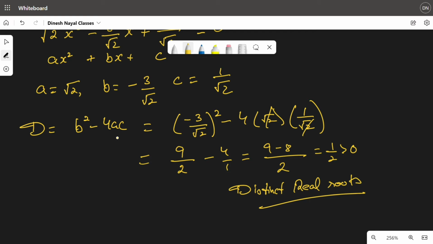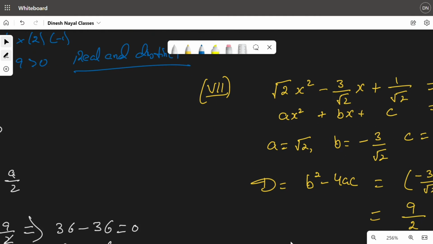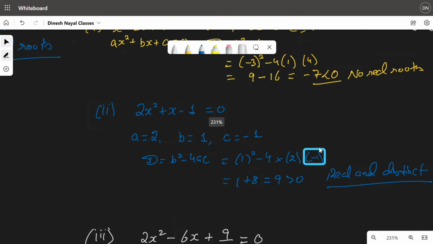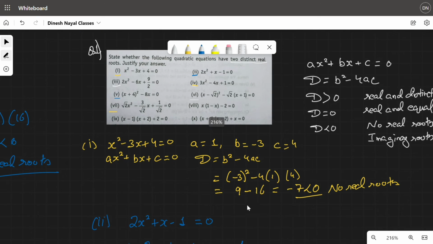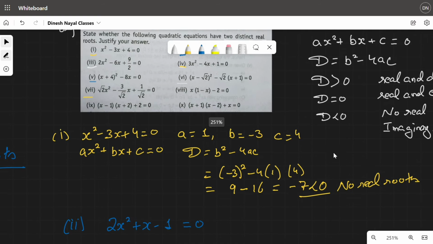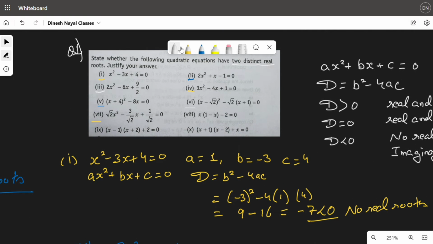Now on to our next part. So we can see the question here. Our next part is actually the 8th part. So 8th part given is x into 1 minus x minus 2 equals 0.